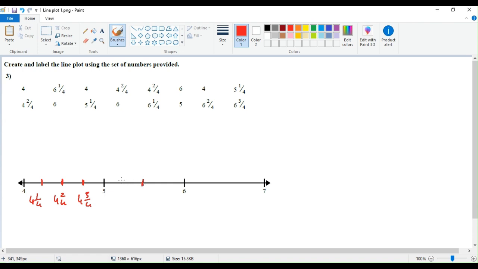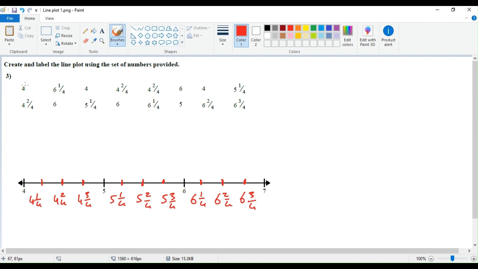Similar here, go to the halfway points, fill them in, it doesn't have to be perfect. Again, between 6 and 7, halfway between that, 6 1/4, 6 2/4, 6 3/4.